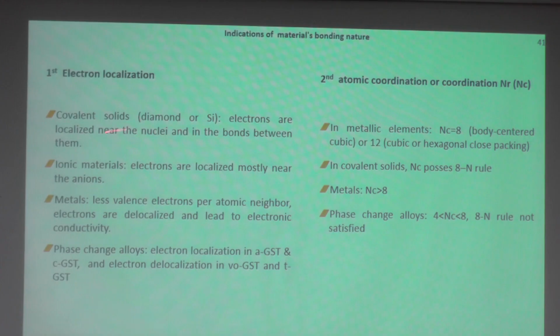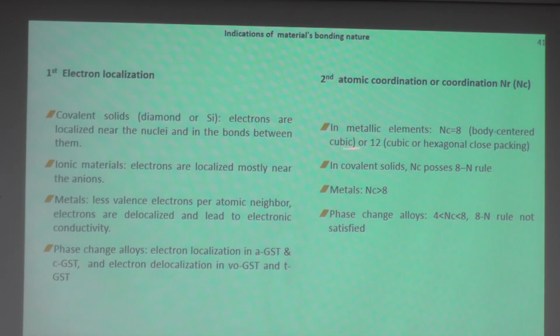Here electrons are localized near the nuclei and the bonds between them. For ionic materials, electrons are localized mostly near the atoms. For metals, with fewer valence electrons per atomic number, electrons are delocalized and linked to electronic conductivity. And here we see electron localization in amorphous and cubic GST, and electron delocalization in vacancy ordered and trigonal GST.